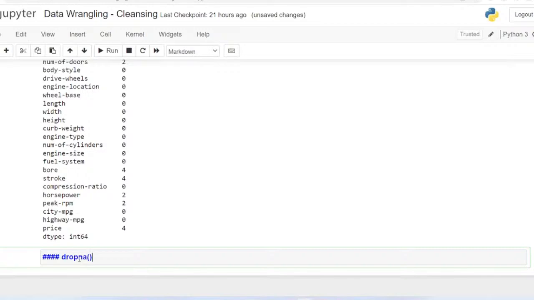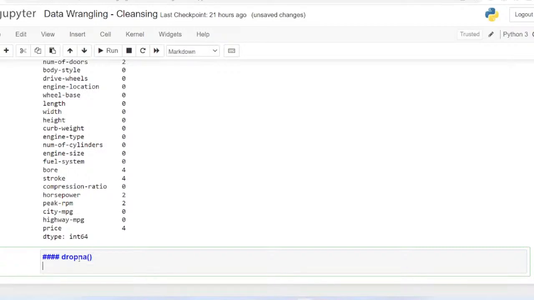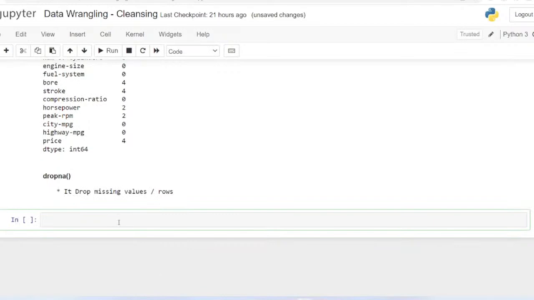What does the dropna function do? It drops the missing rows straight away.